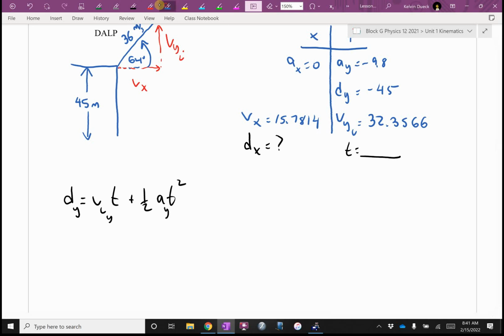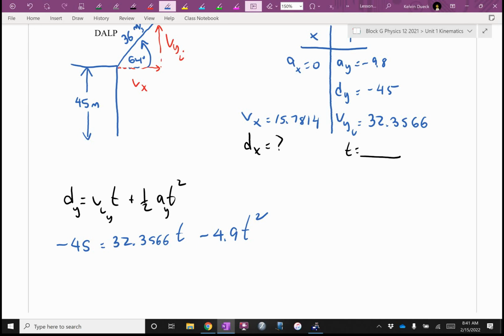It's going to be negative 45 equals 32.3566 t minus 4.9 t squared. I did the half of negative 9.8 in my head, because I usually do.